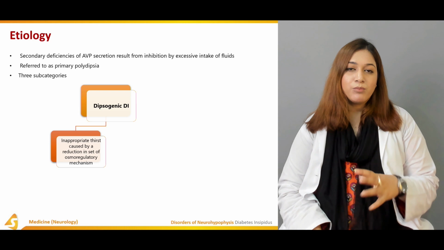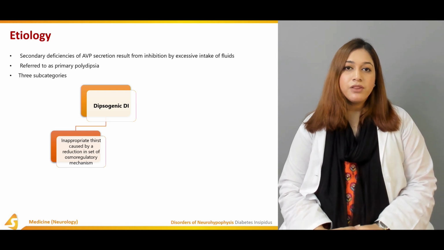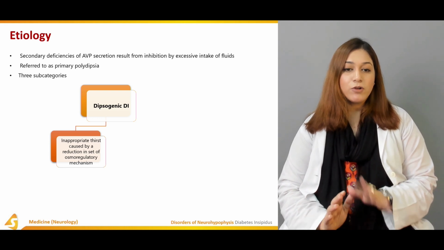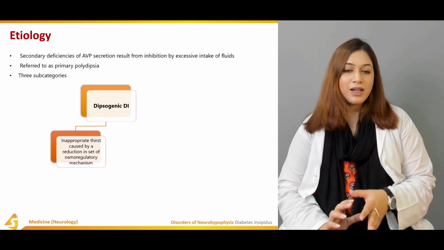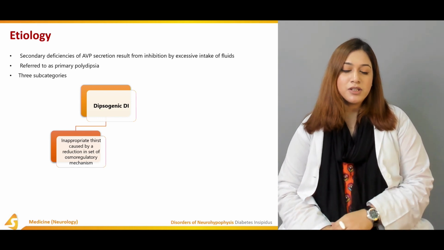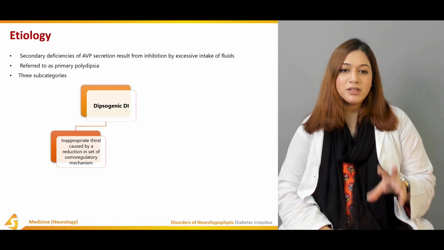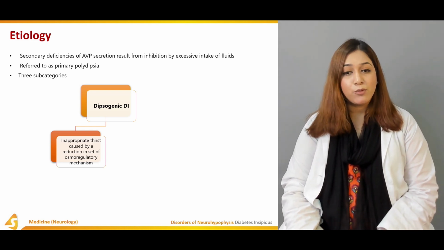If we talk about dipsogenic diabetes insipidus, there is inappropriate thirst that is caused by a reduction in the set of the osmoregulatory mechanism. The issue behind dipsogenic diabetes insipidus is that the osmoregulatory mechanism is impaired in this condition, which results in inappropriate thirst.